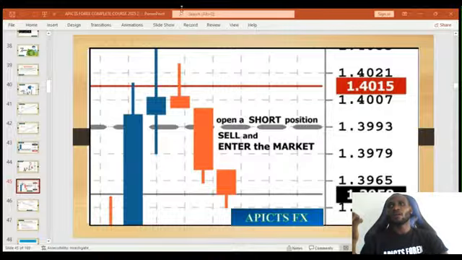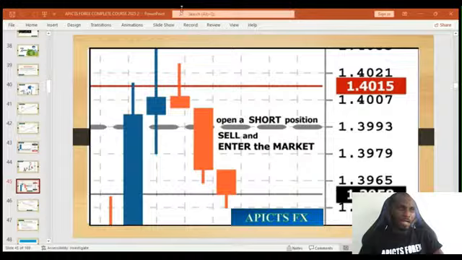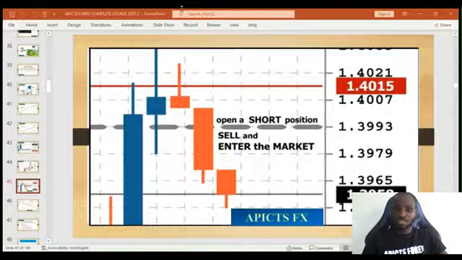If somebody texts me and says, boss, I'm checking USD JPY, that's United States dollar against the Japanese yen, what should I do?